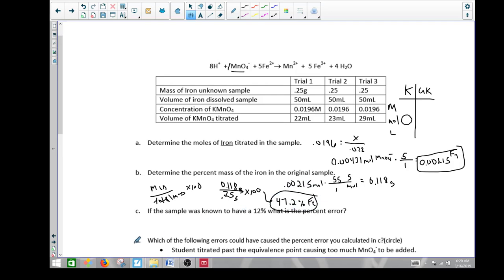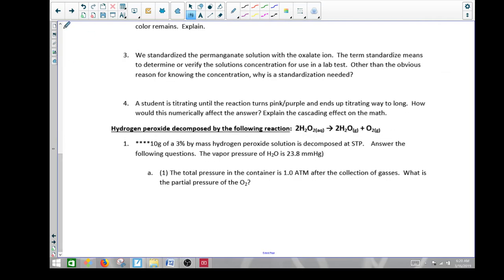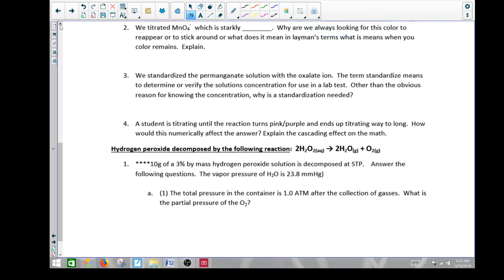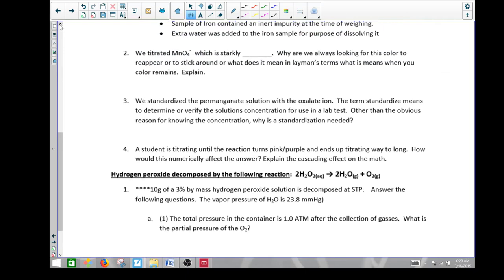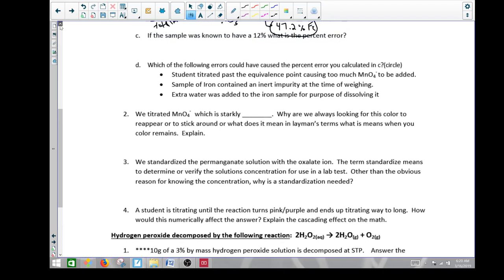All right, if a known sample is 12%, what is the percent error?